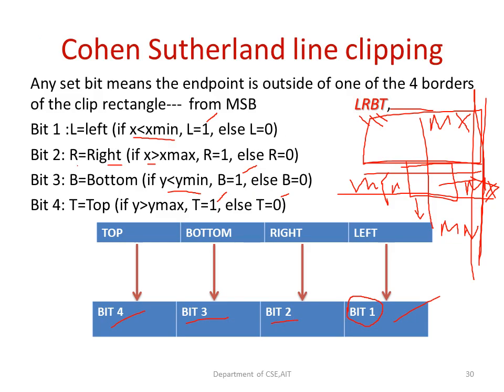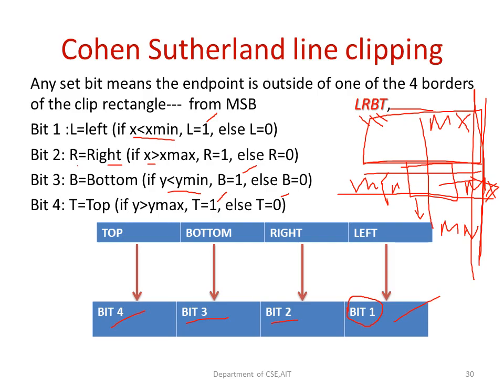In the Cohen-Sutherland line clipping, we are going to consider 4 bits. These 4 bits depend upon the reference clipping window. The reference clipping window will be at the center, so all other 8 regions will be around this clipping window. We have to assign the code for each of these regions by making use of these 4 bits.